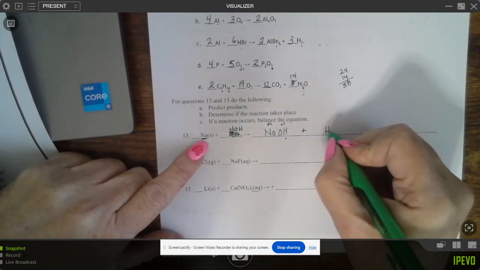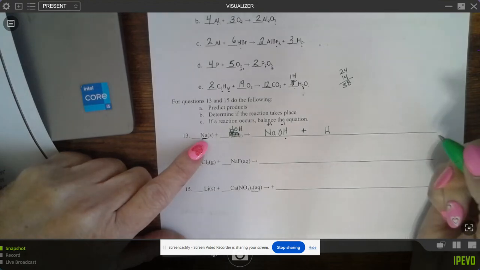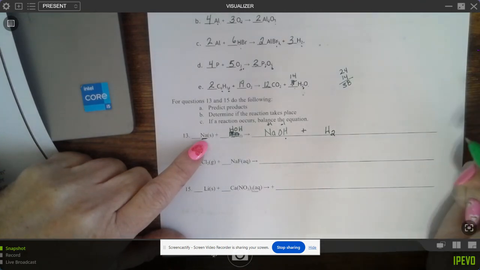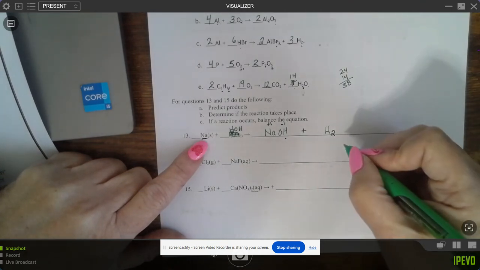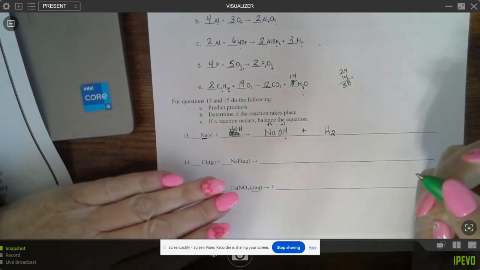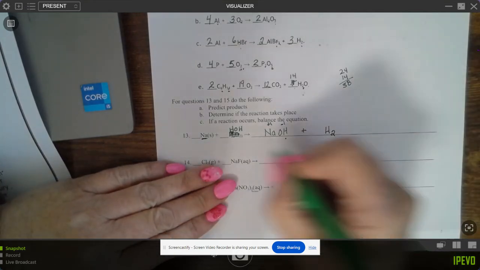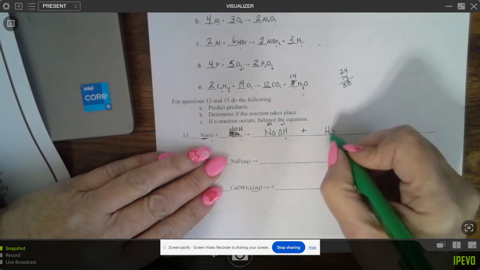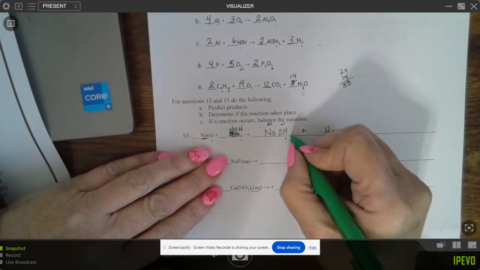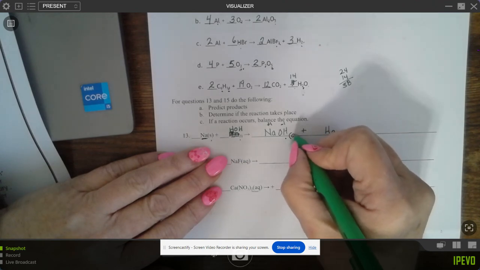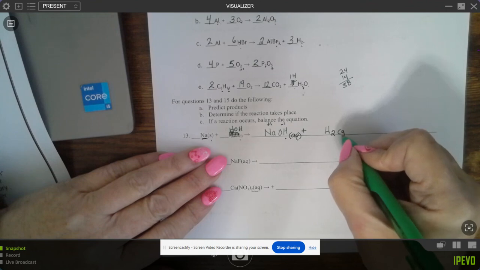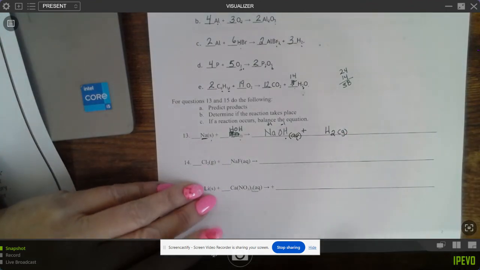So we end up with hydrogen. Now, hydrogen is one of the Hoberfinkel 7. It's one of our 7 diatomic elements. So it turns out it's going to be H2. Now we do want to put states of matter in here. Sodium's a solid, water's a liquid. Remember, in single replacement reactions, the compounds are always going to be aqueous, and hydrogen by itself, when it's elemental hydrogen, is a gas.